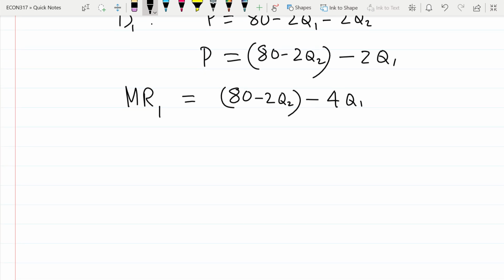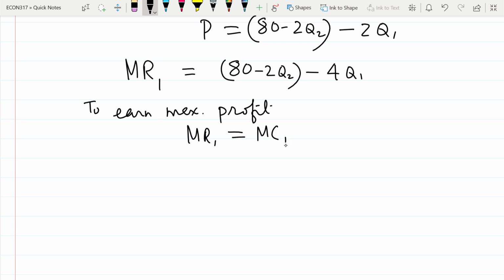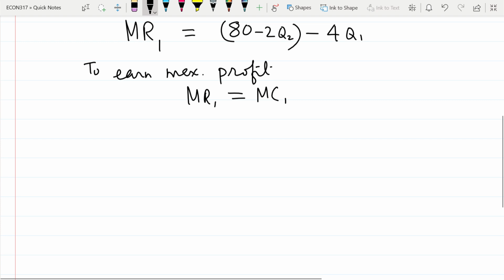Firm 1 wants to earn maximum profit, so to earn maximum profit, firm 1 will equate its marginal revenue to its marginal cost, which is given to be constant at 20.